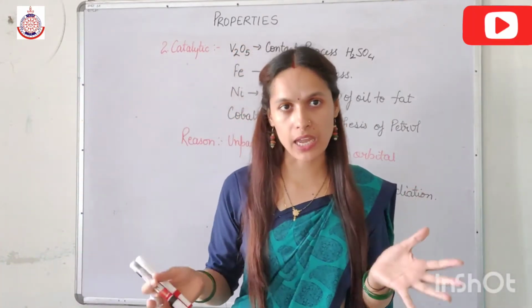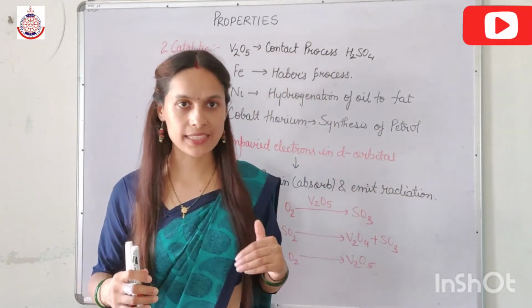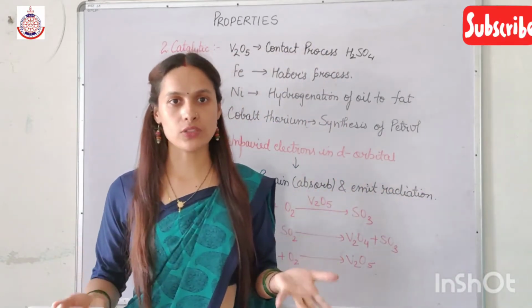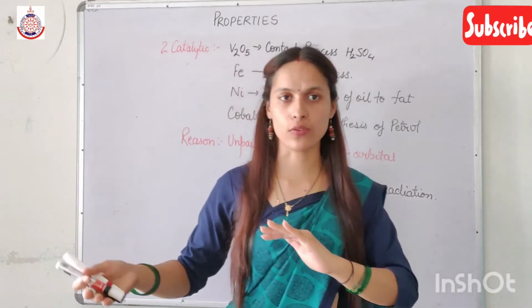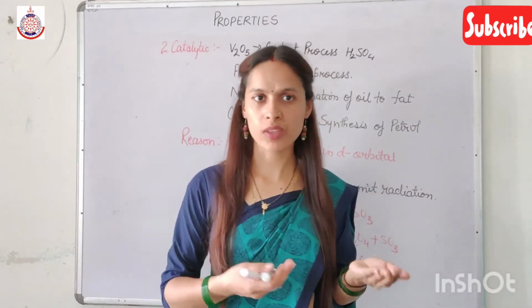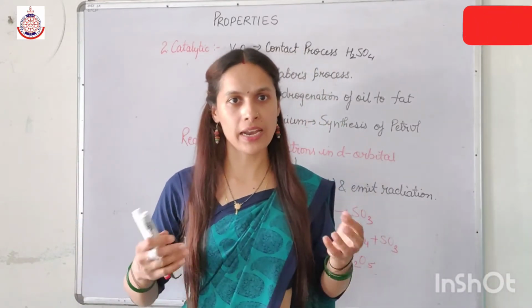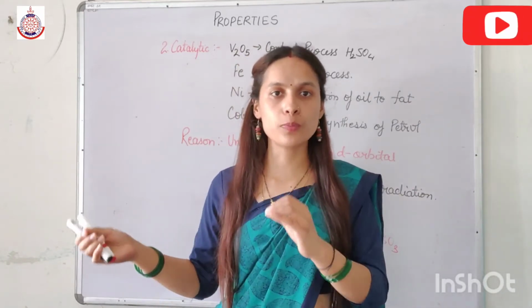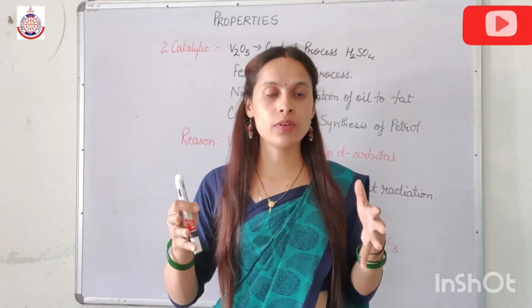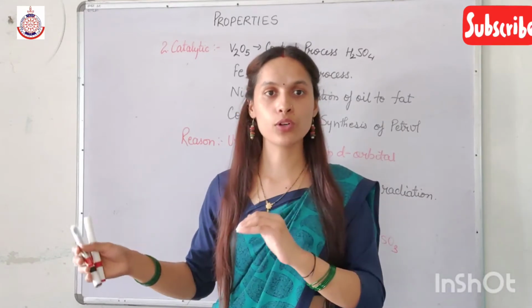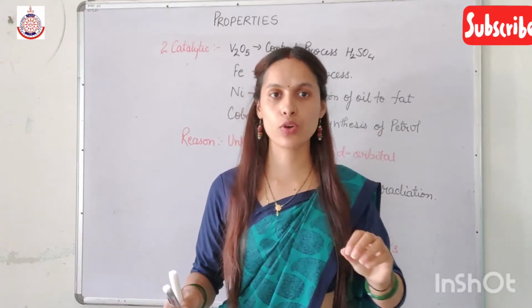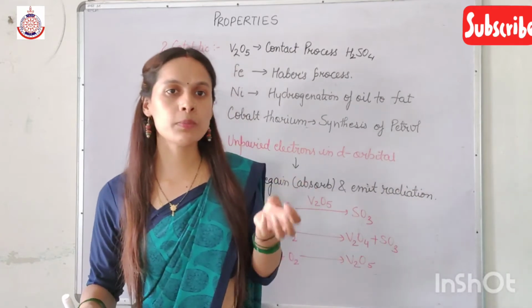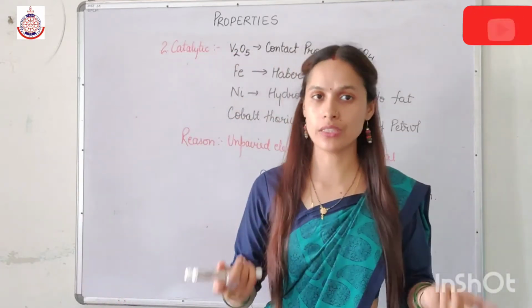And in some cases they provide a larger surface area for the adsorption of the reactant. Greater the extent of adsorption, faster is the rate of the reaction, according to the adsorption theory. The most common example: if we want to burn a log of wood, and if we want to burn small pieces of wood, then small pieces of wood will burn faster due to an increased surface area.